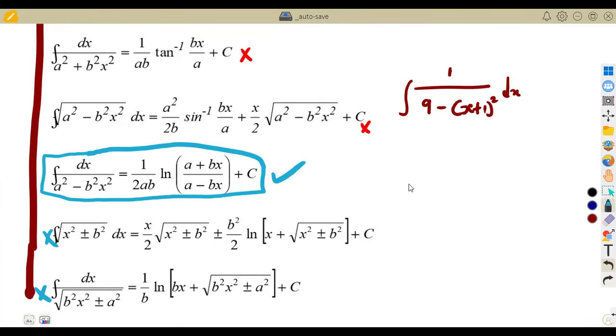So you're going to take this formula and use it to integrate. So I'm just going to rewrite this.